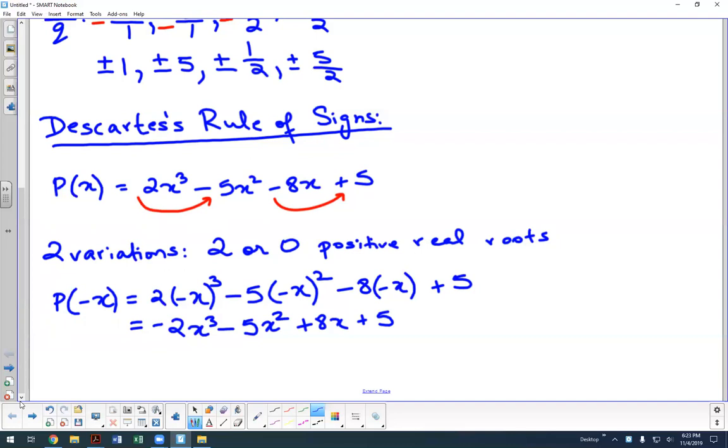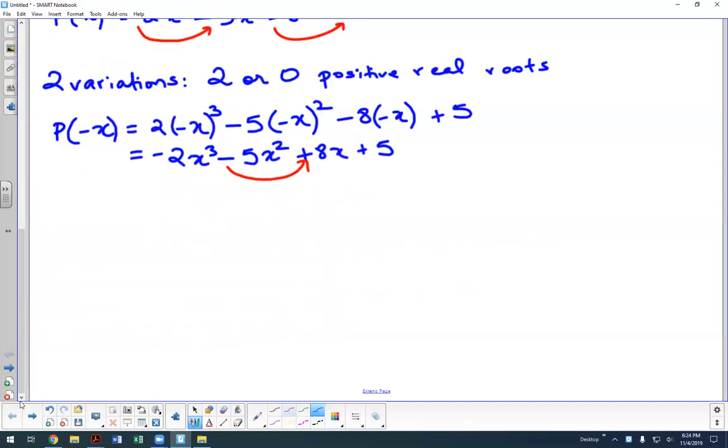Okay, so once you clean it up, you're again looking for how many variations there are in our signs. So what are we noticing in this guy? We're going from negative to negative, no change, negative to positive, 1 change, positive to positive, no change, right? 1 variation or 0 variations are always really good for us, because if you get just that option of 1 variation, then you know we will definitely have a negative root in our polynomial here.